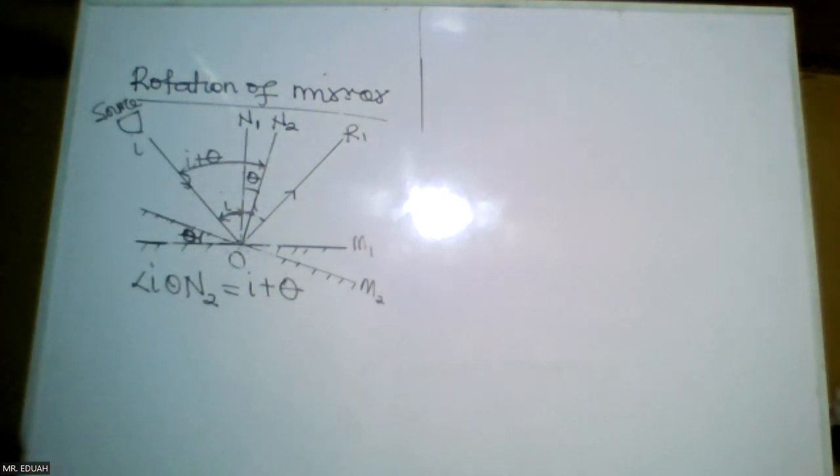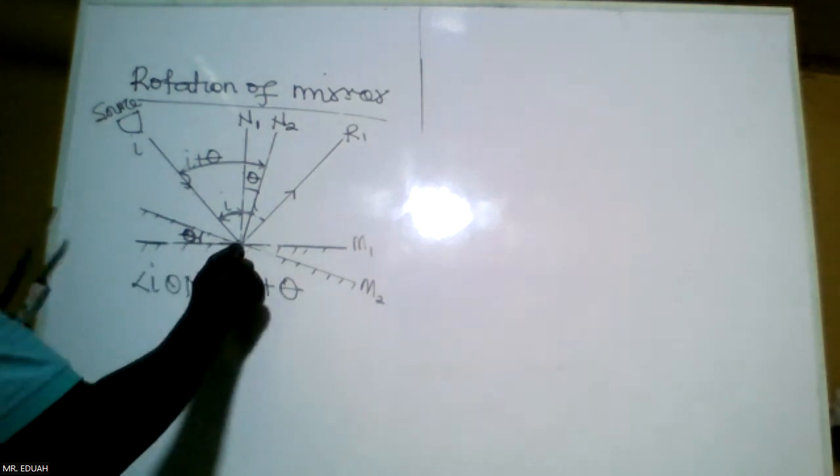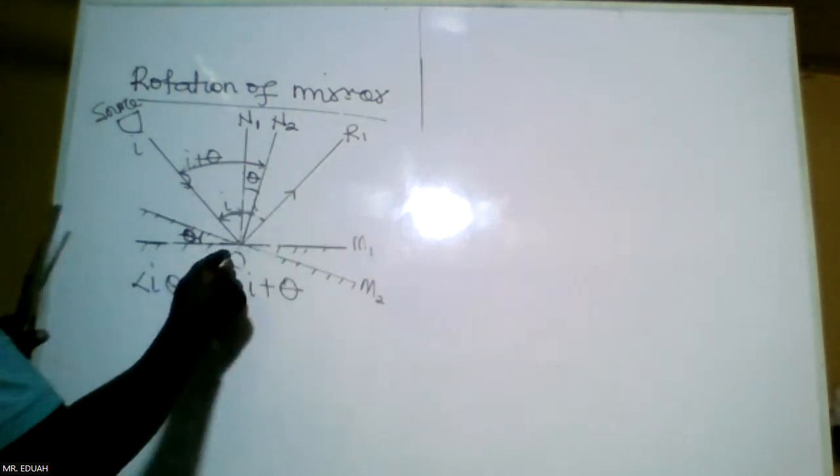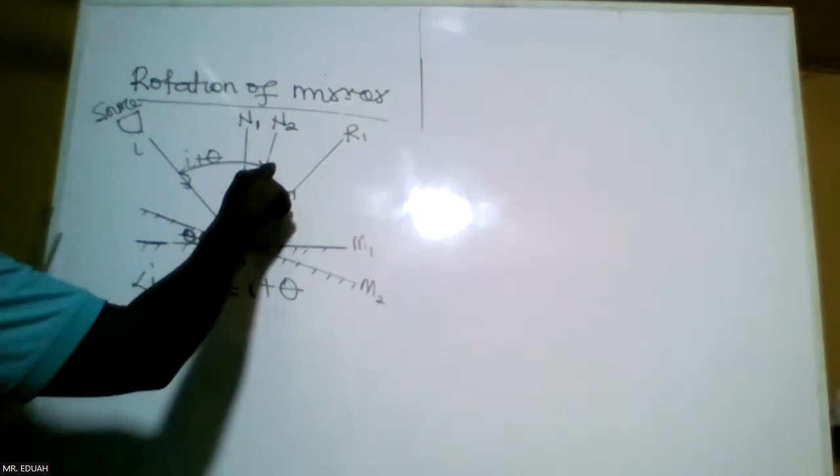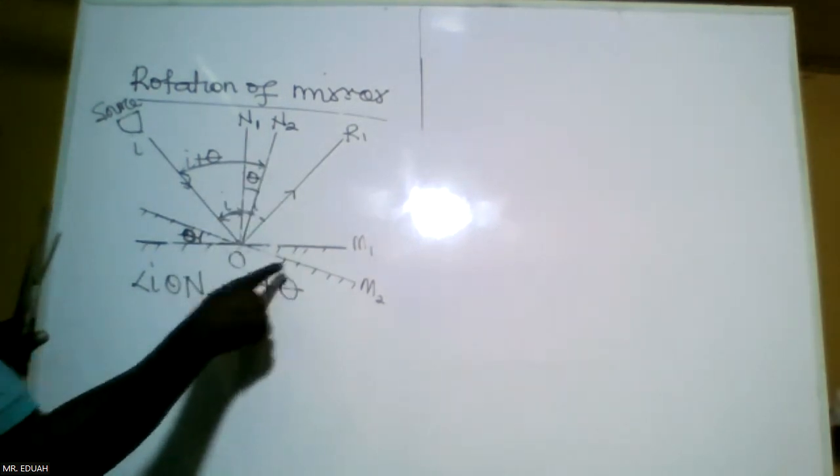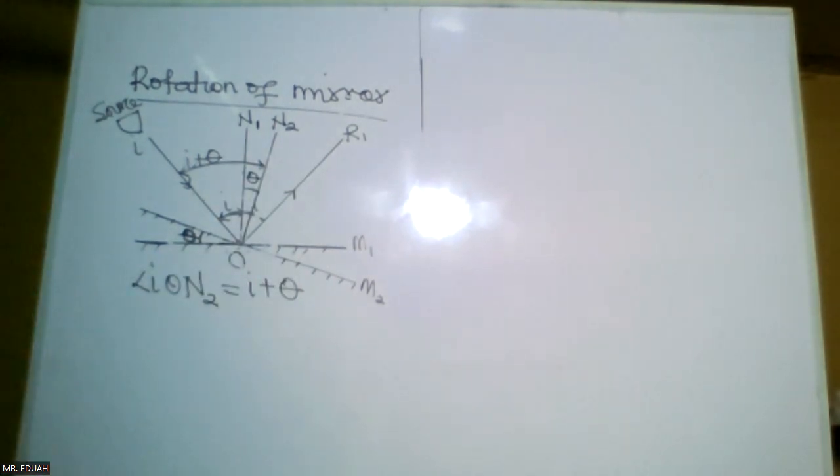It means that there will be a new reflected ray with respect to the second normal and the second position of the mirror. Class, I hope you are following.